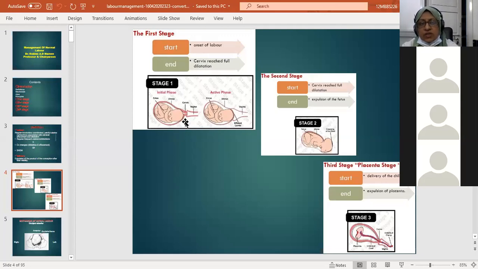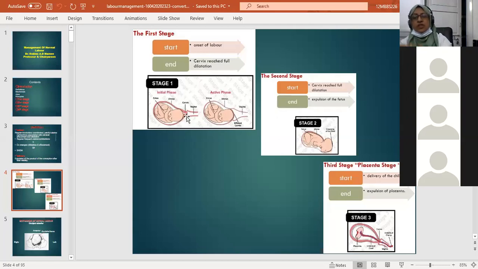The first stage is divided into the latent phase and the active phase. The latent phase is from 0 to 4 centimeters dilatation, while the active phase is from 4 to 10 centimeters, and 10 centimeters is full dilatation. This is the first stage of labor.